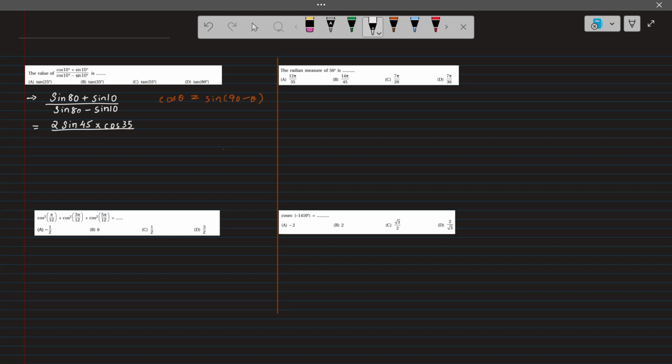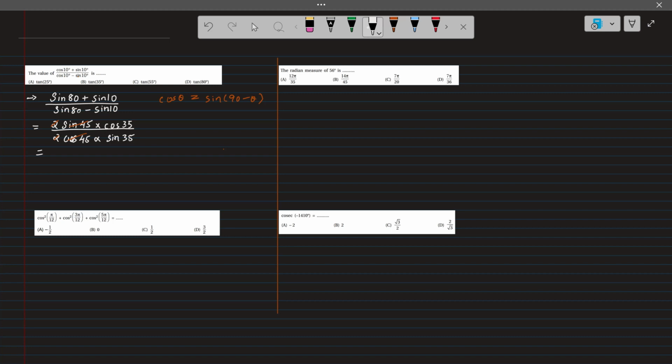In the denominator, we can use s minus s, which is 2 cs. So 2 cos 45 into sin 35. Now, we can remove this 2. Sin 45 and cos 45 both have the same value, so we can cancel them out.